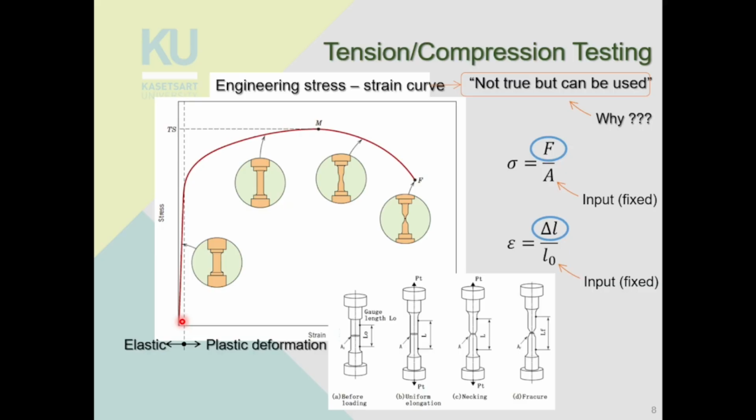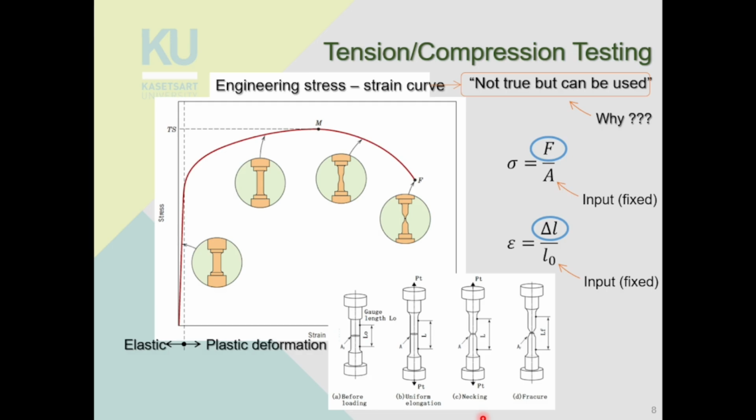At point M, what happens? You start to get necking. Necking is a local deformation. You can see a neck forming. Because of necking, you don't get uniform elongation anymore. And then you start to get the growing of the neck and eventually the failure or the breaking of the specimen.